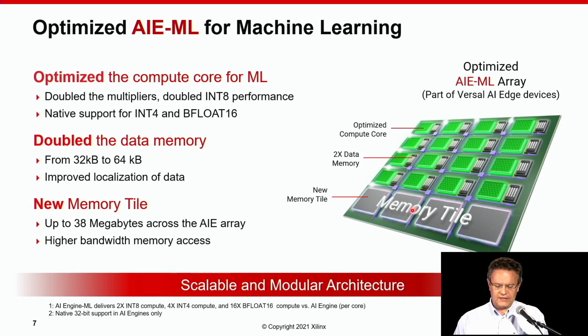As in the previous architecture, this AI/ML architecture is scalable and modular. And as you have seen in the previous slide, we can adjust the number of AI/ML compute tiles and memory tiles according to the requirements of the device and the use case.